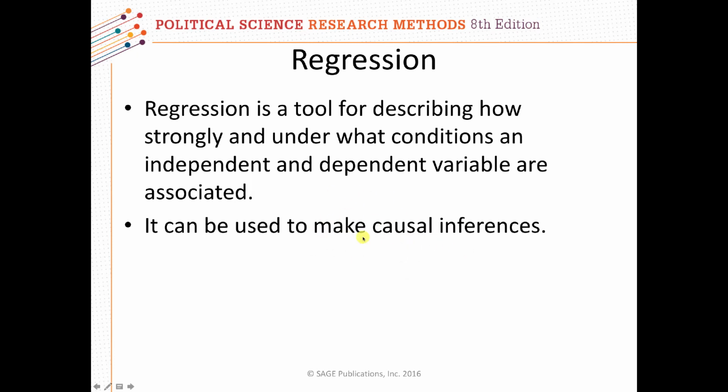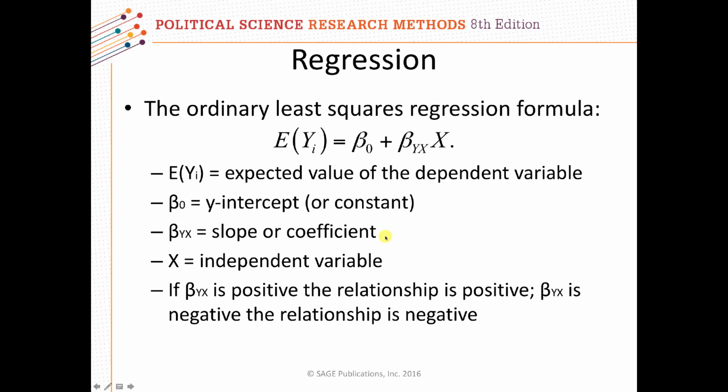Because in a bivariate, let's just say two-variable relationship, you are not accounting for possible issues of spuriousness. Now, of course, theoretically, you think that you are. You think that your dependent and independent variables are importantly related, but you're not accounting for everything. And as long as that's the case, you're always going to have some possibility of introducing spuriousness. So we can make somewhat causal inferences.